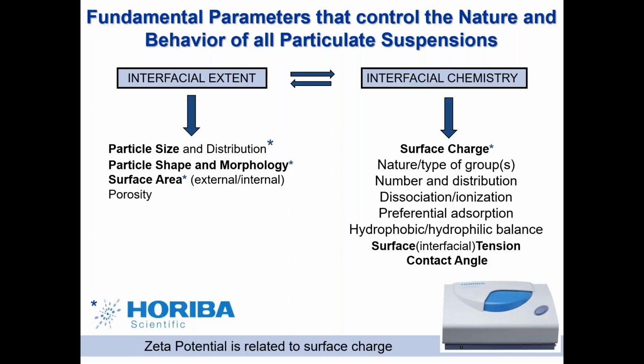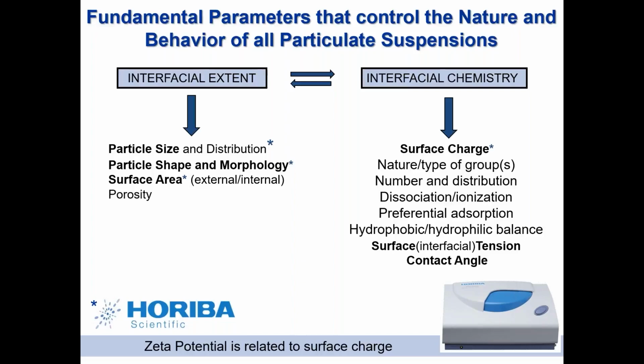The two fundamental parameters are the extent of the interface of the dispersed phase and the interfacial chemistry of the dispersed phase, respectively. The physical nature of a dispersion depends on the respective roles of the constituent phases. And there are numerous examples, but today I'm going to focus only on the most widely formulated type of dispersion, that of particulate suspensions, solid in liquid.